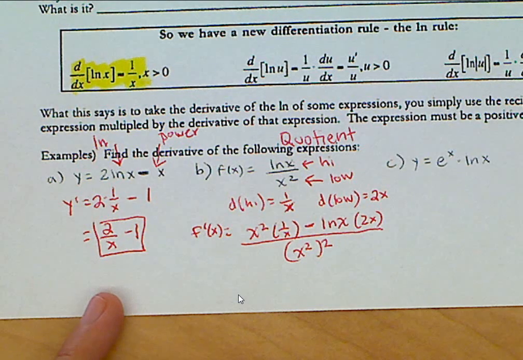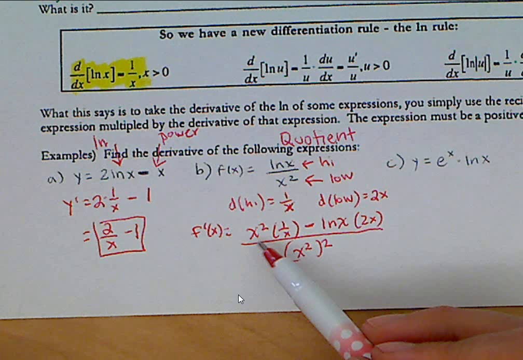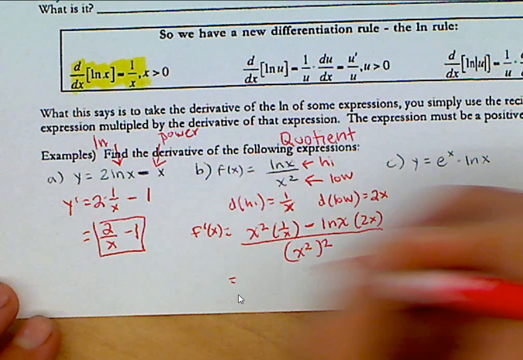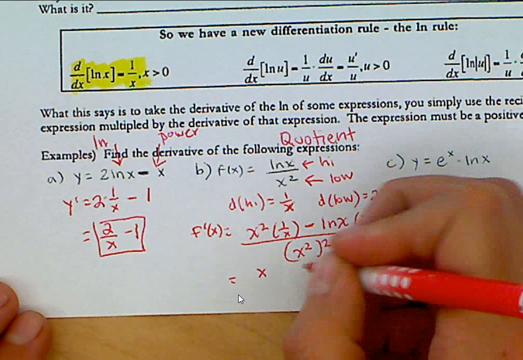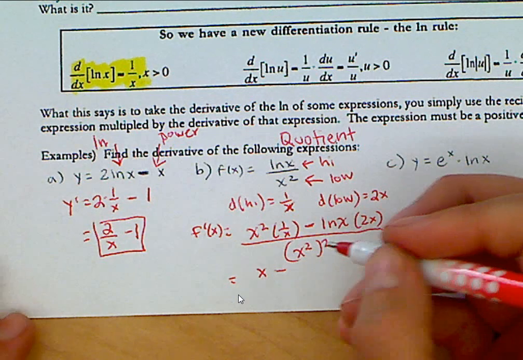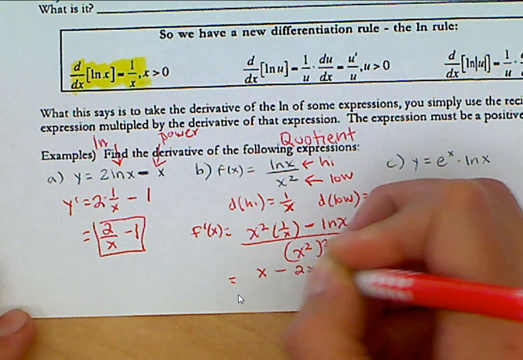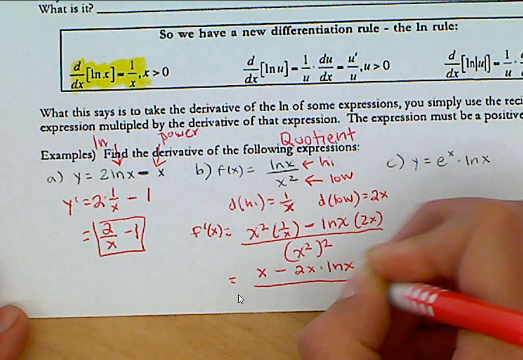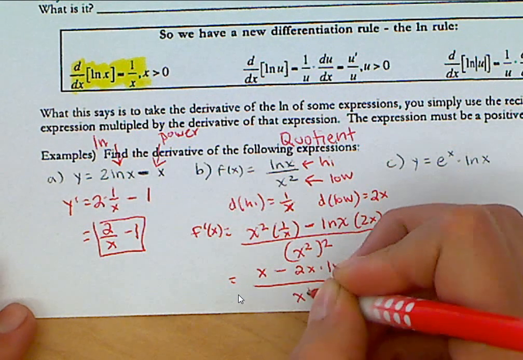And then I can simplify a little bit, so x squared times 1 over x is just x, minus, can't really simplify here, I'll write it as 2x times ln of x, and then the denominator becomes x to the 4th power.